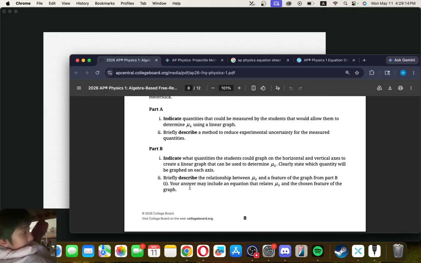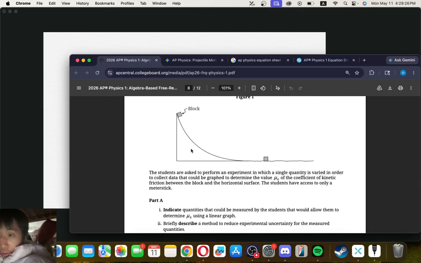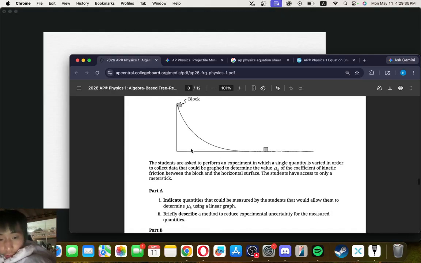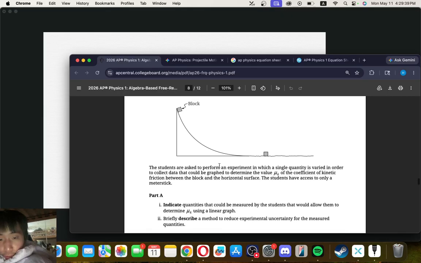How would you find mu k? Fn equals the force of friction. Divide the two. And then you have to go into nitty gritty on what the force of friction is on this slope, unless it's asking for mu k or something else.